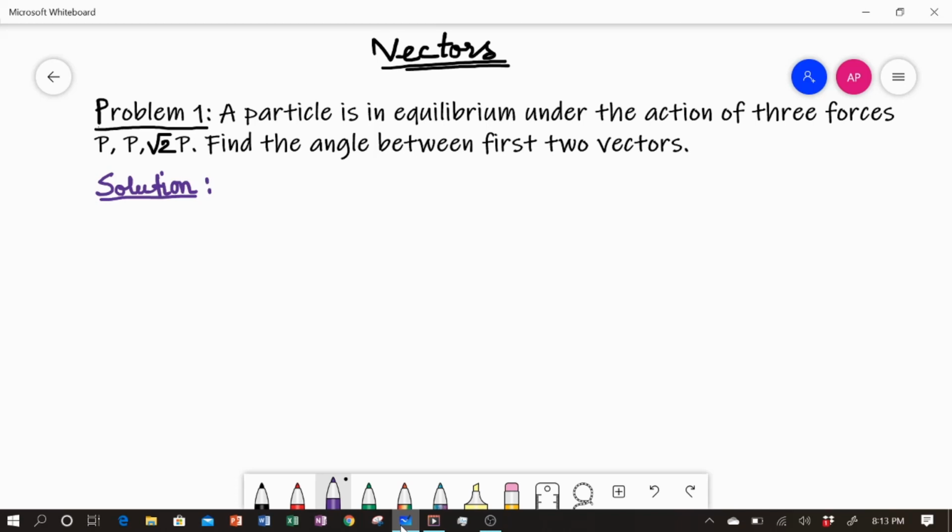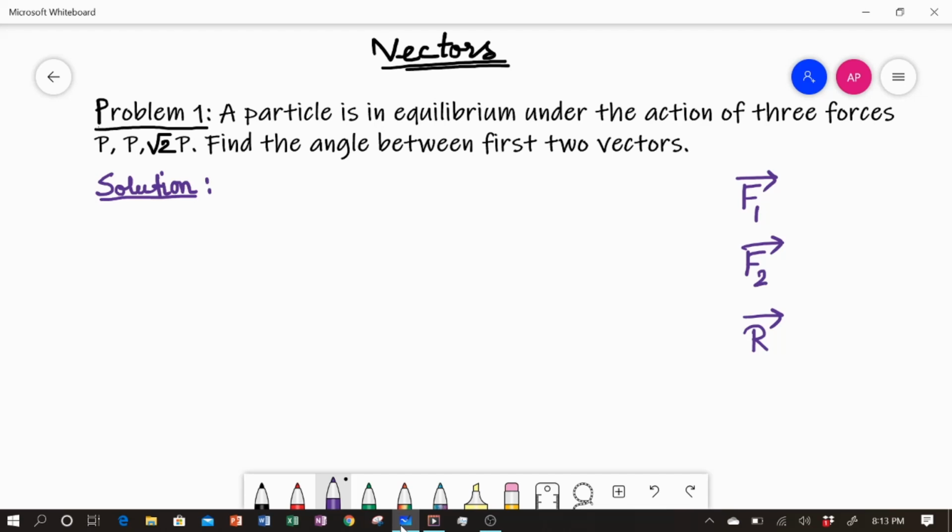So here we have the information that the three forces, let us write them as F1 vector, F2 vector and another R vector.